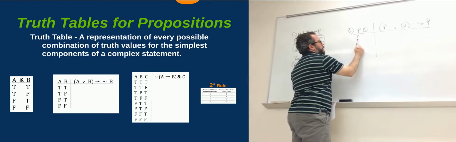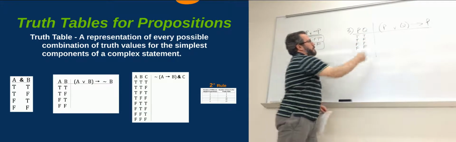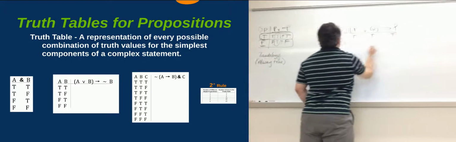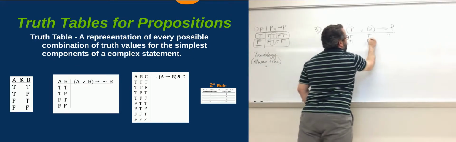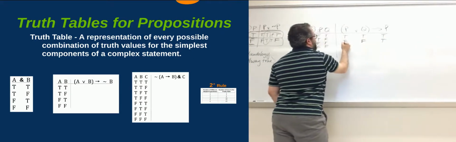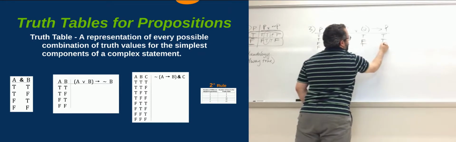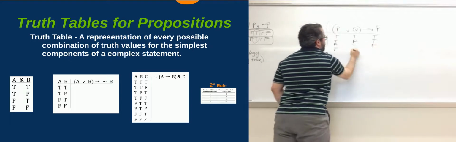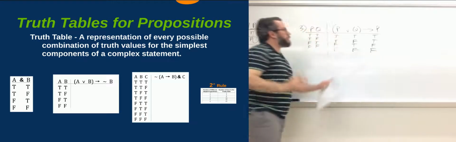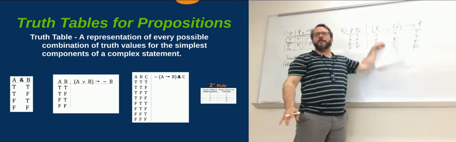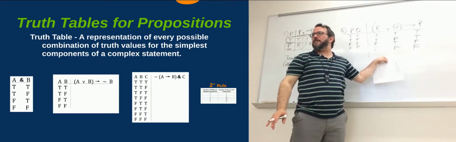True, true; true, false; false, true; false, false. In the first, everything's true. In this one, Q is false. In this one, P is false. And in this one, everything's false. Do I have to do what's inside the parentheses first?